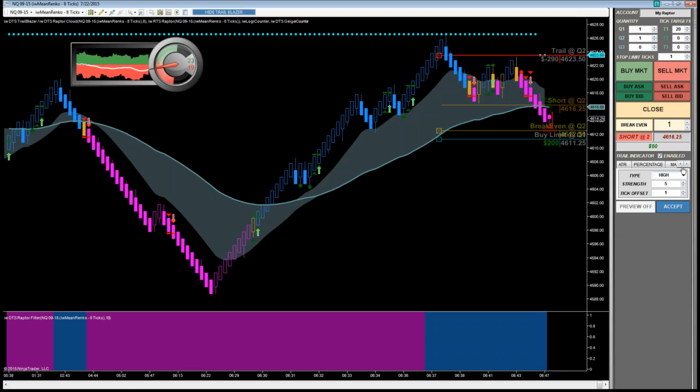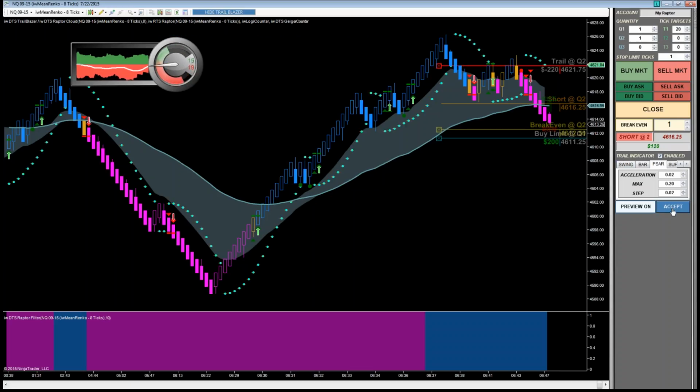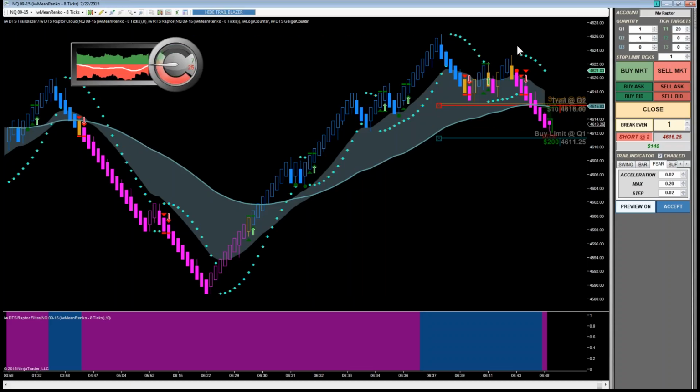So let's say, while I'm in this trade, I want to become more aggressive with my stop and I want to go, say, with parabolics. So I can turn the preview on. I can see where parabolics are at. If those look good to me, then all I need to do is click accept. And now the trade trailblazer will manage the trade for me according to the parabolics.